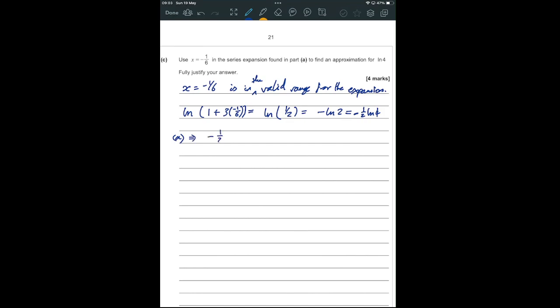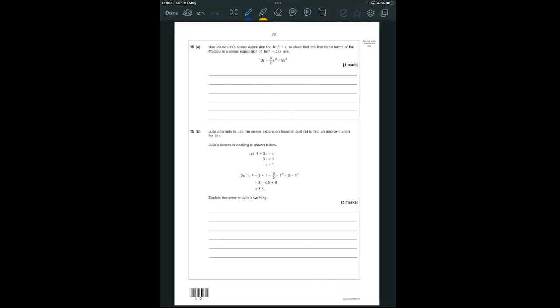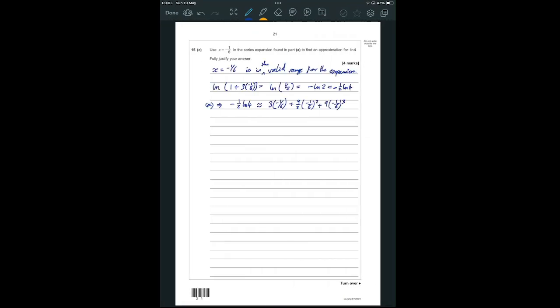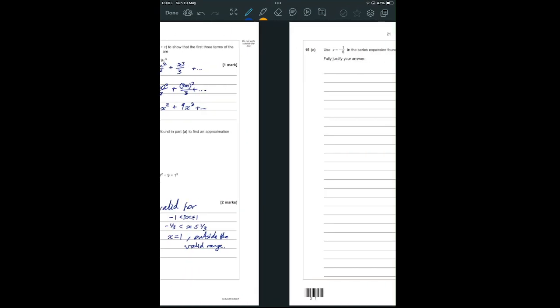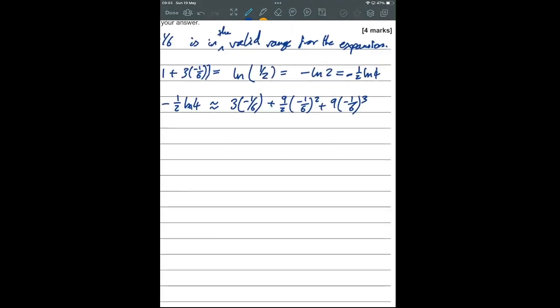negative a half ln 4 is roughly the 3x, and I'm going to need to remember it, plus 9 over 2x squared plus 9x cubed. Let's check I've quoted that correctly. 3x minus 9 over 2x squared plus 9x cubed. Brilliant.